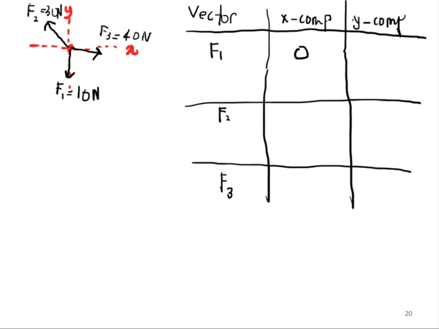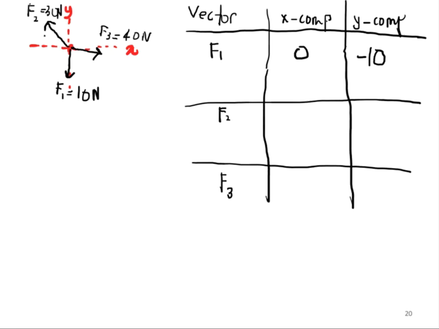In the y component, F1 lies solely on the y-axis, so the value is 10 Newton and the direction is downward. Thus, downward is negative and the value is negative 10. Next, F2.